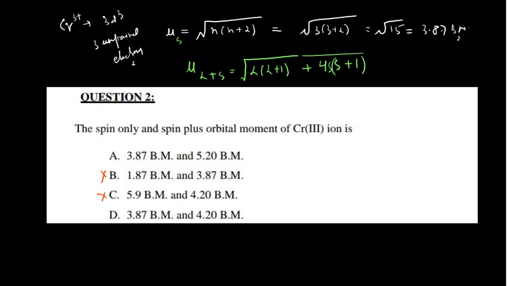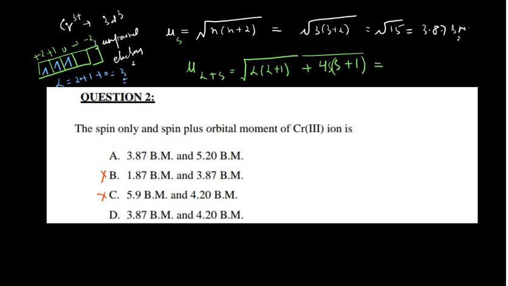If you solve that particular problem, basically it is this system: this is plus 2, this is plus 1, this is 0, this is minus 1, minus 2, and you have 3 electrons in it. So you can place 3 electrons, 1, 2, 3. Your L value, if you want to calculate, is 2 plus 1 plus 0 equals 3, so you can write 3 here.